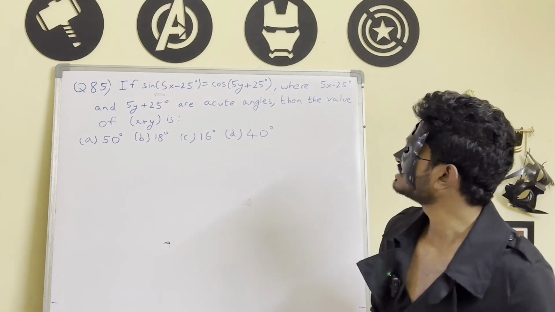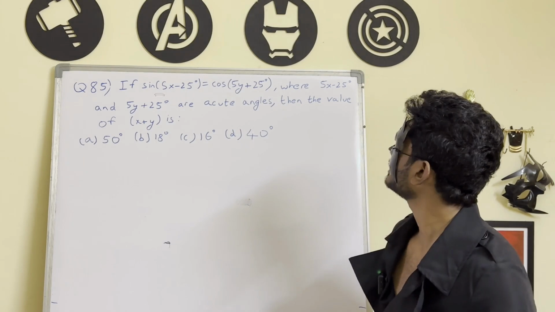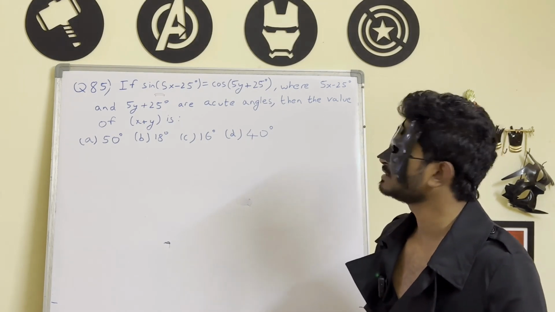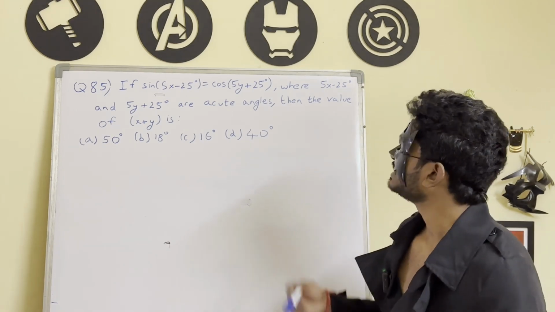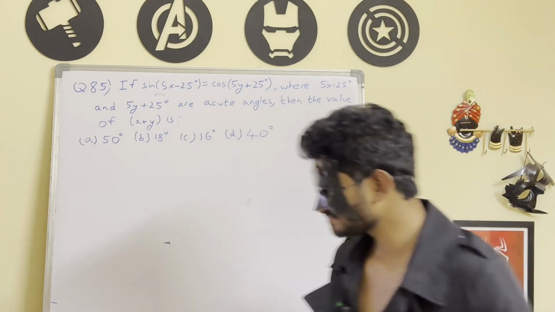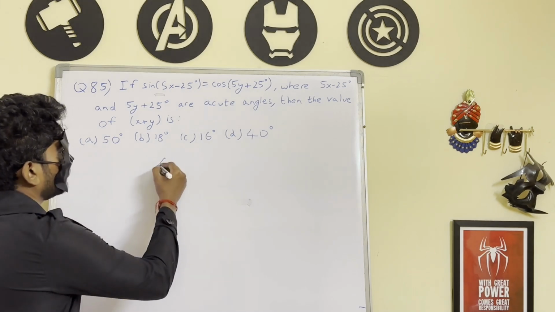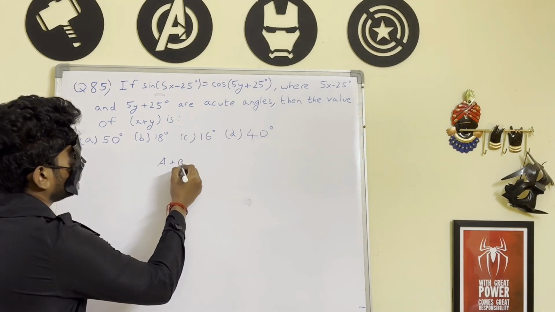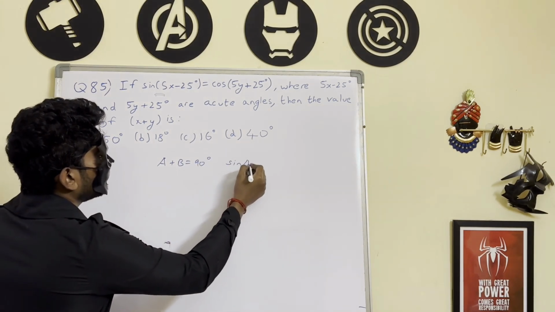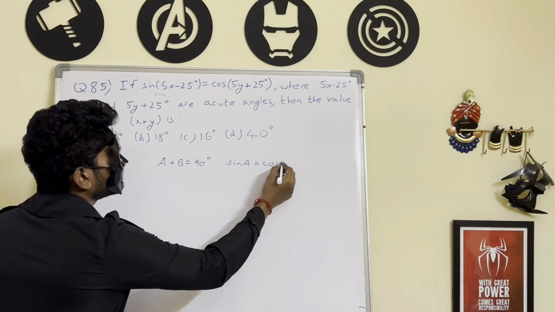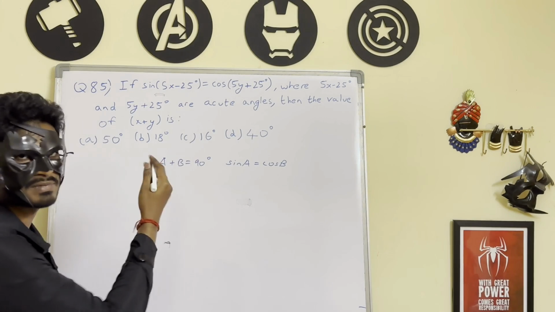So superhumans, next question is if sin 5x minus 25 degrees is equal to cos 5y plus 25 degrees, where 5x minus 25 degrees and 5y plus 25 degrees are acute angles, then the value of x plus y is. So here I already told you, if A plus B is equal to 90 degrees, then sin A is equal to cos B. Here A is 5x minus 25, B is 5y plus 25.